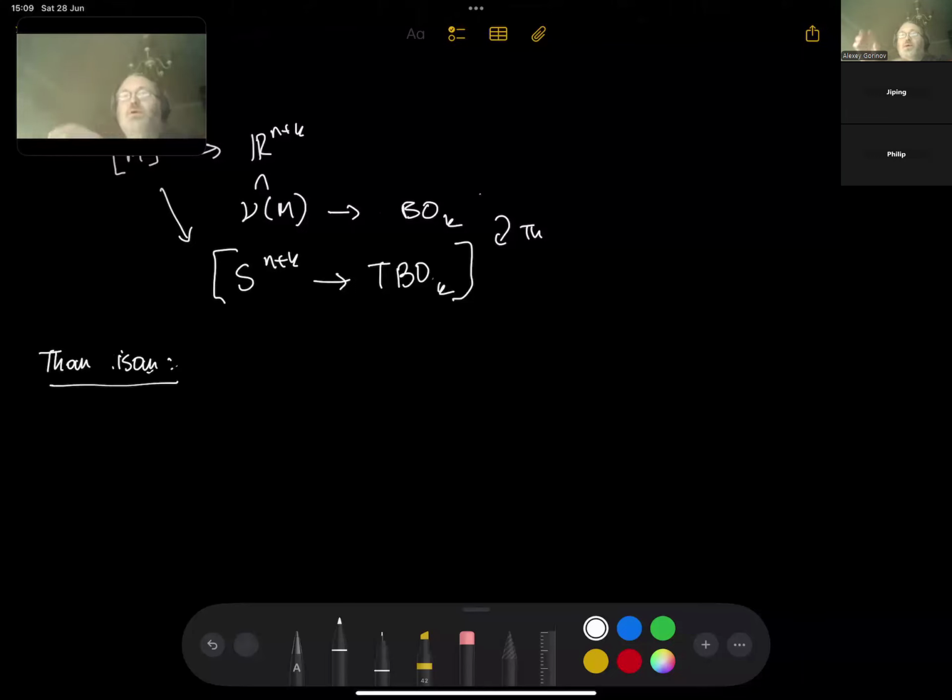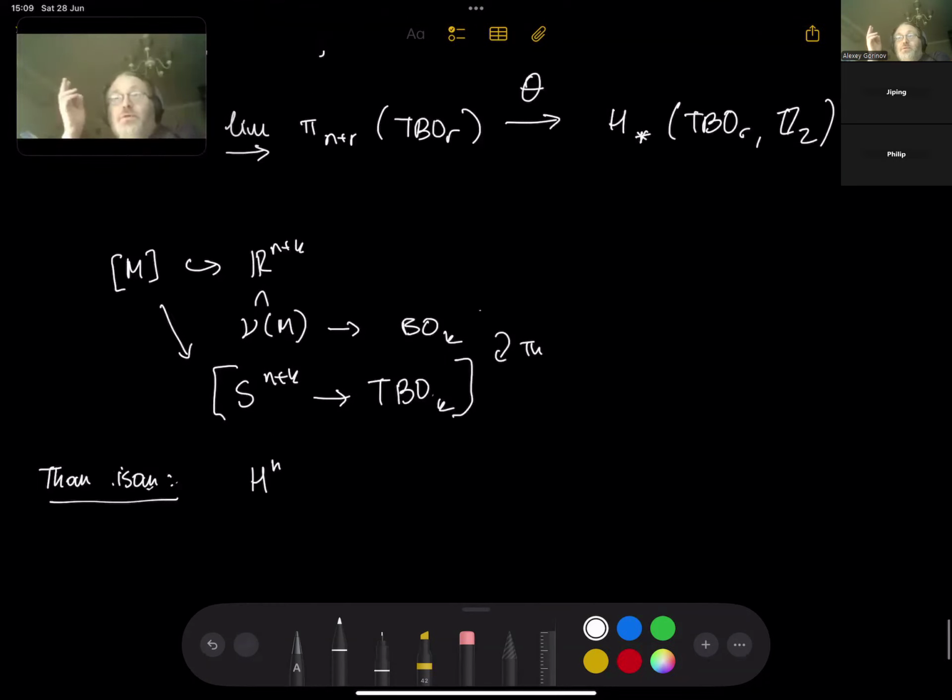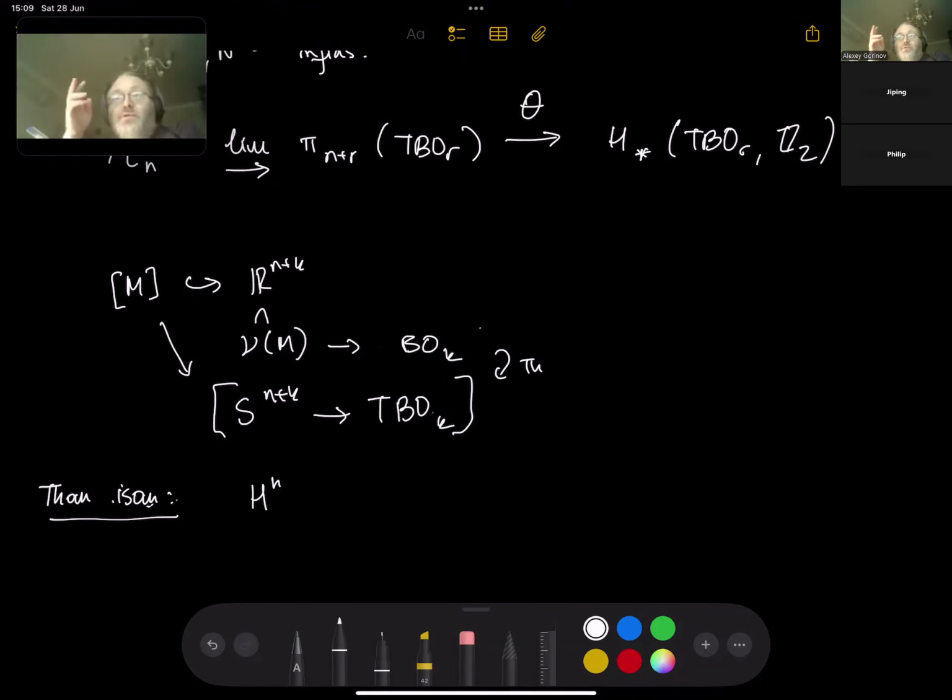By the way, there's a simplification since we know that the sequence of the homotopy groups stabilized. We can take K so large that the class of the map from the sphere to TBO_K will actually be zero.